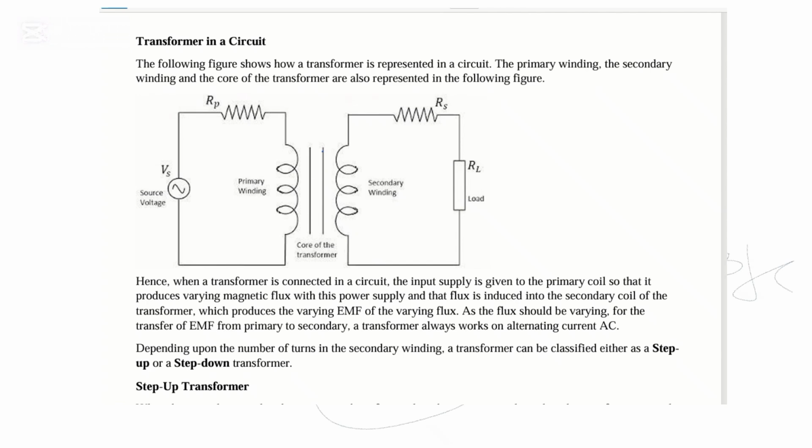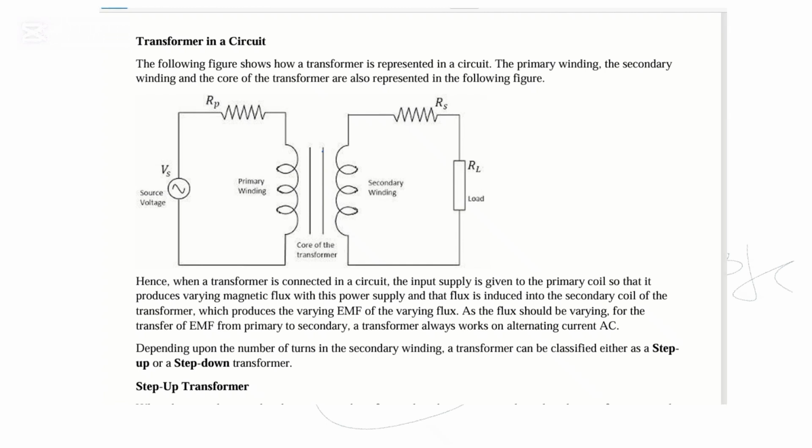when a transformer is connected in a circuit, the input supply is given to the primary coil so that it produces varying magnetic flux with this power supply, and that flux is induced into the secondary coil of the transformer, which produces the varying EMF of the varying flux. As the flux should be varying for the transfer of EMF from primary to secondary, a transformer always works on alternating current.